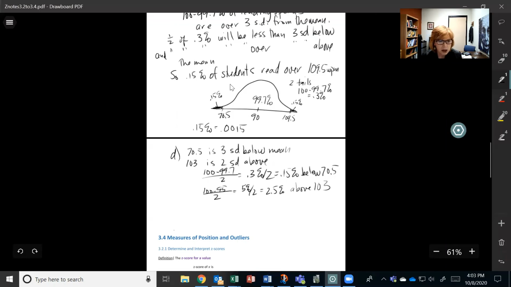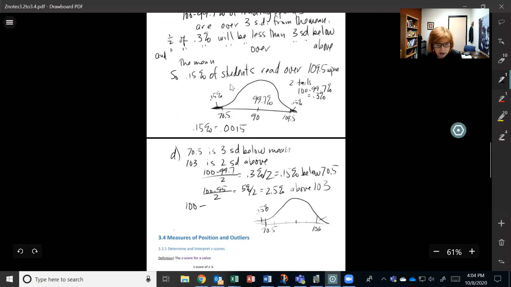All right, so that means 100 minus these 2 endpoints. So here's my graph here. So this 70.5 is out here. And then my 103 is here. So what this is telling me is I'm going to have 0.15% here.